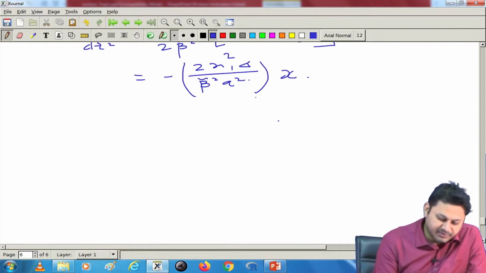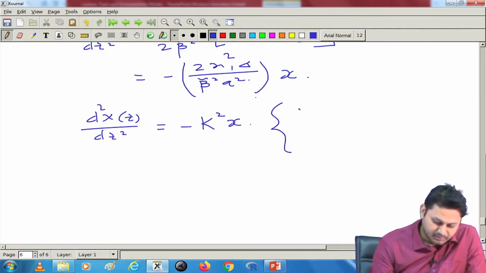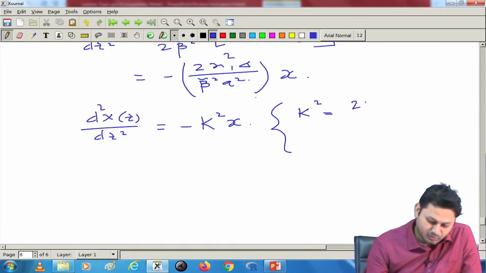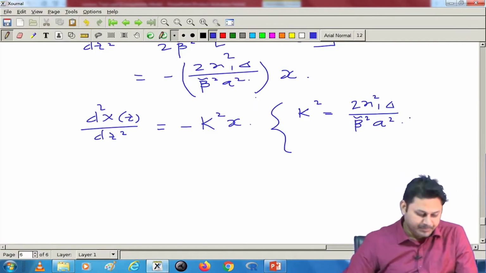So, I can simplify this differential equation and this differential equation becomes d2x/dz square is equal to minus of say k square, which is a constant, x, where my k square is simply 2 n1 square delta divided by beta square a square. This is my k square.